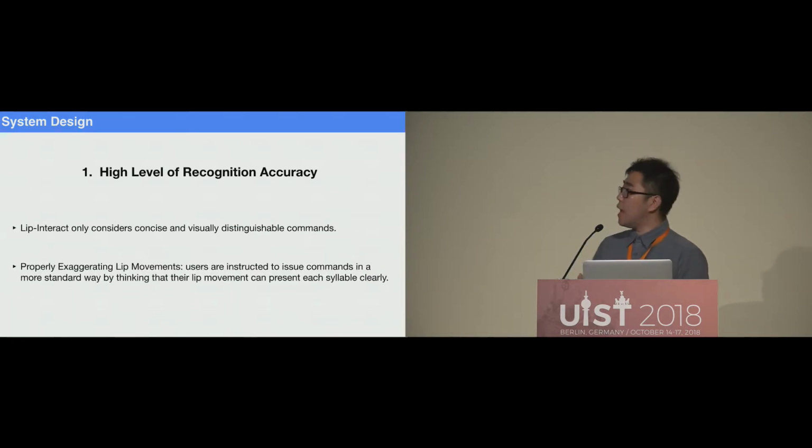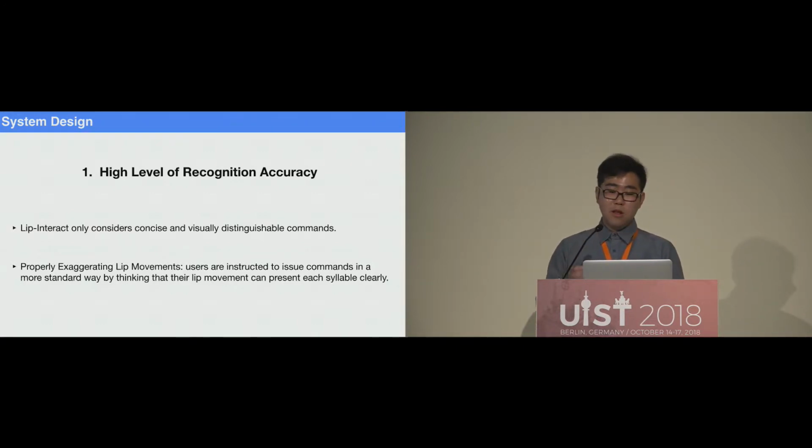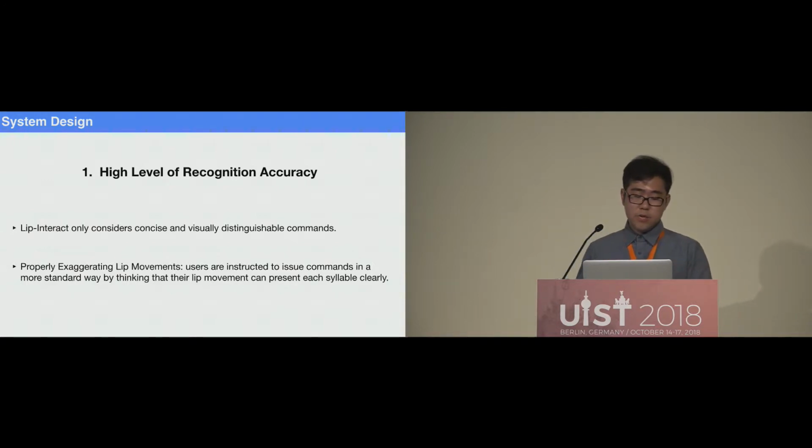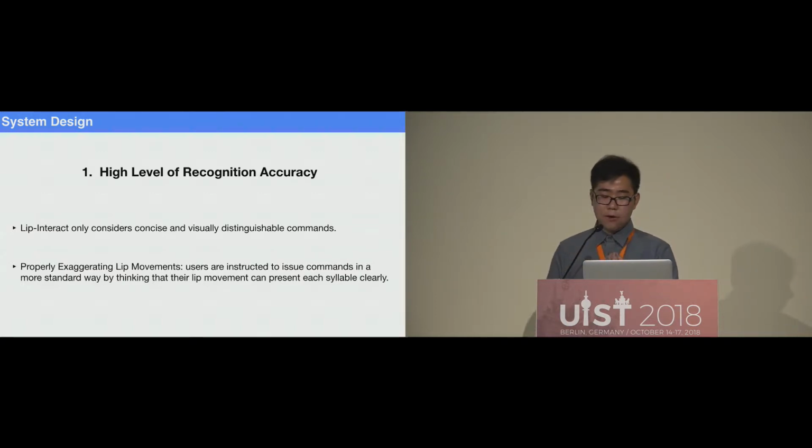And accordingly, we add two design constraints. First, LipInteract only considers short and visually distinguishable commands rather than long sentences, such as those in a conversational system. And second, users are instructed to issue commands in a more standard way than they currently talk.